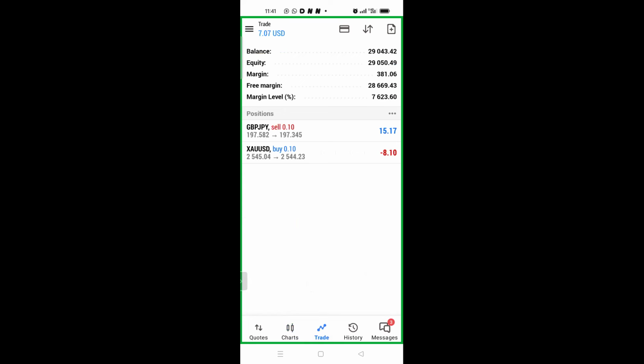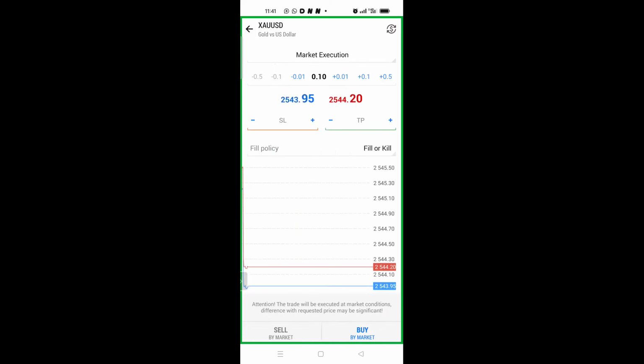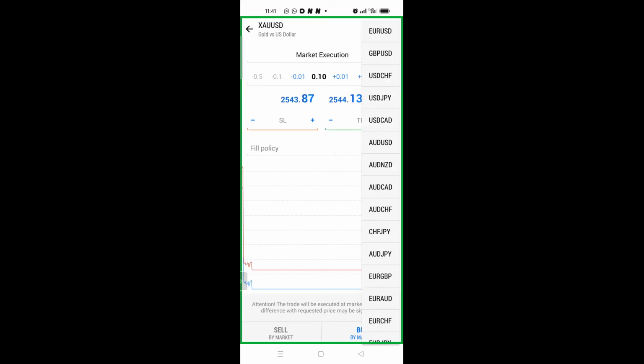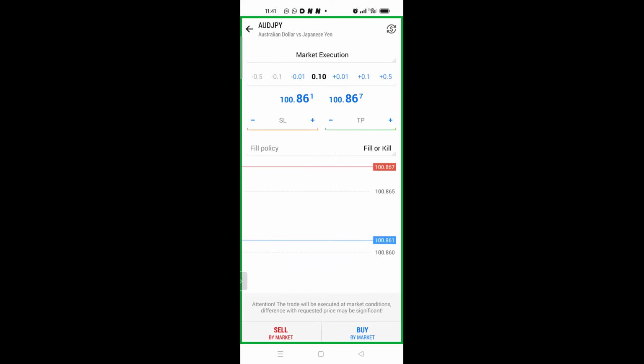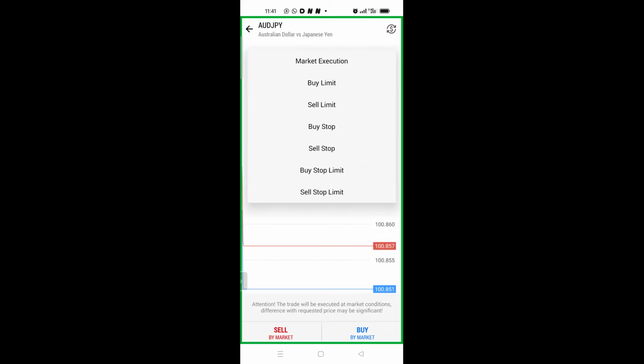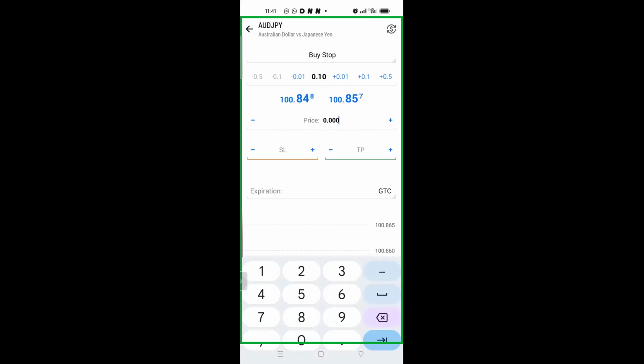AUDJPY. So you use this dollar sign to look for it. AUDJPY. So we've picked it and we are doing buy stop. And we say our price is, what's the price again?